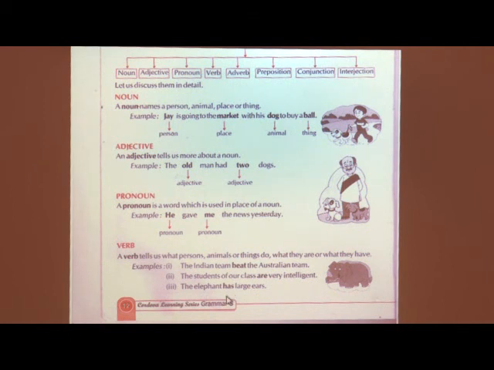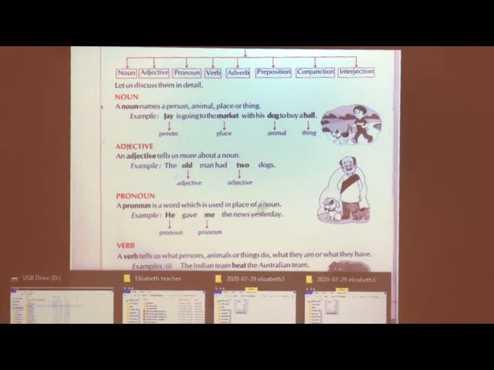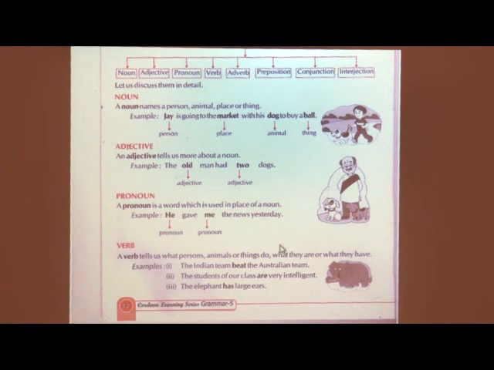Again, some more examples: "He eats a mango." Now, what is the verb here? "Eats", meaning he is doing the action of eating.